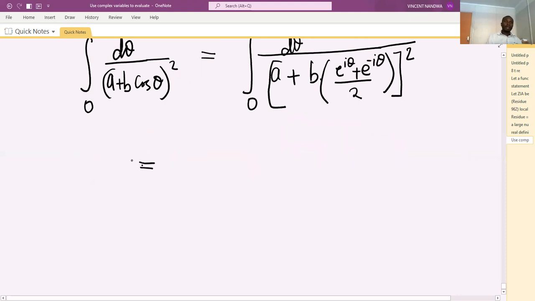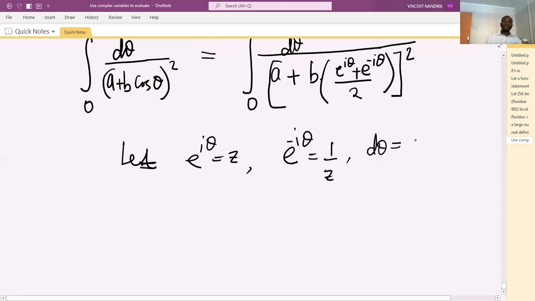by saying let e raised to the power i theta be z, e raised to the power minus i theta is 1 over z. When you work out d theta, you get dz over iz. So we'll have the integral from 0 to 2 pi.